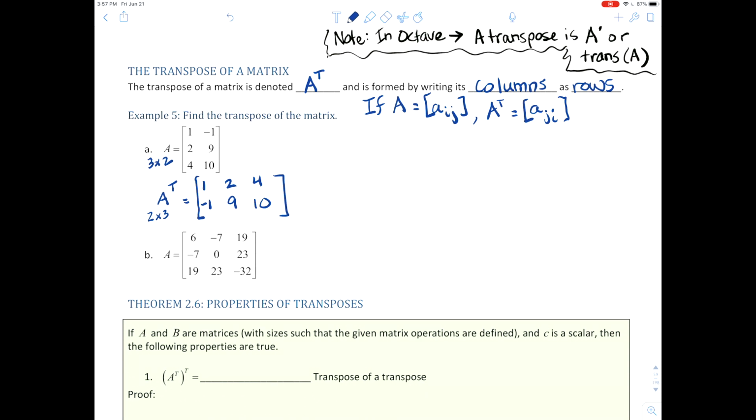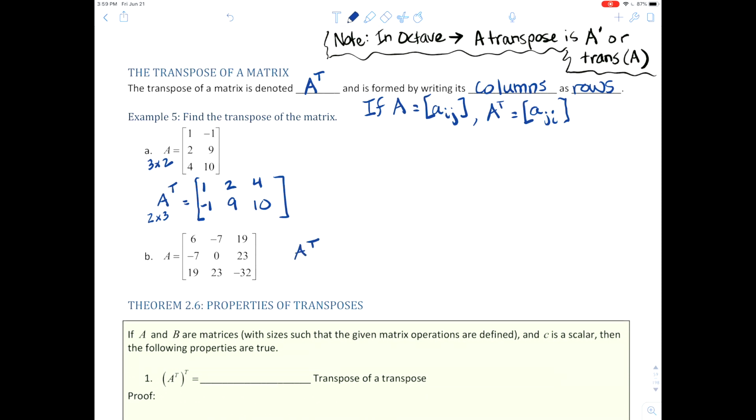Cool? All right, what about this guy? So A transpose would equal what? So the first column is 6, -7, 19. So we'll go across. Second column is -7, 0, 23. And third column is 19, 23, -32. Huh, what do you notice?